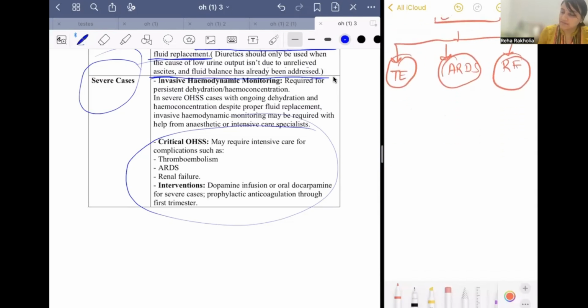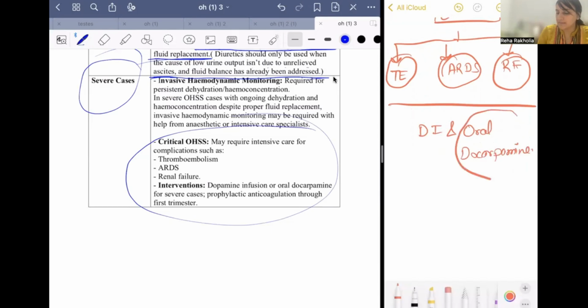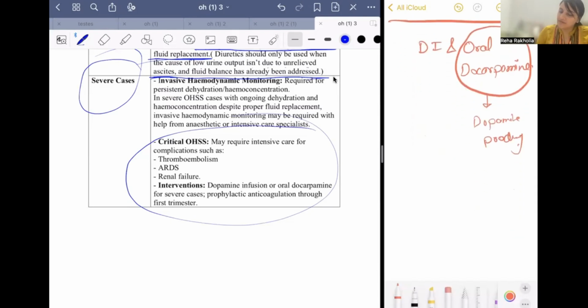Okay, so there we can also use dopamine infusion and oral docarpamine, which is a dopamine prodrug. Why are we using this?